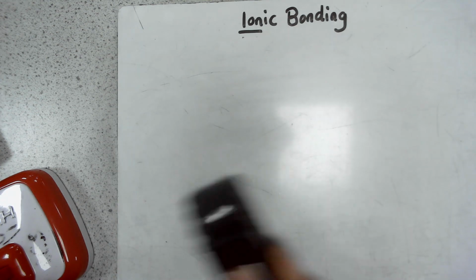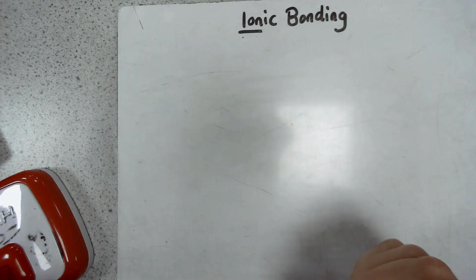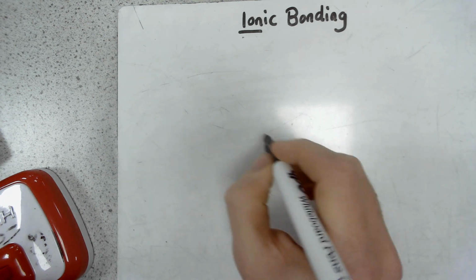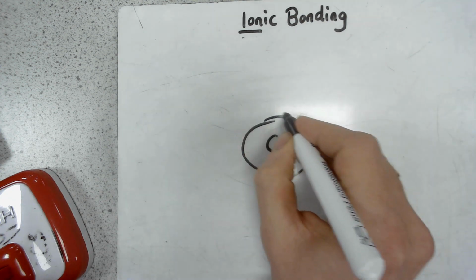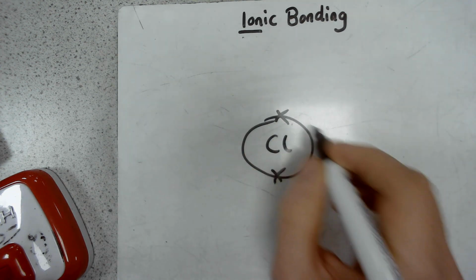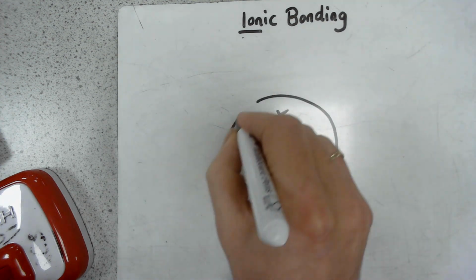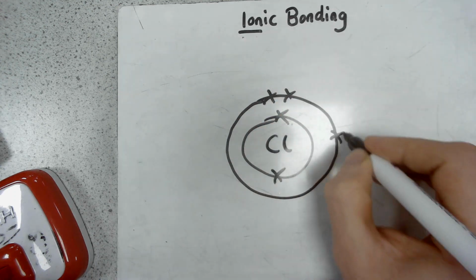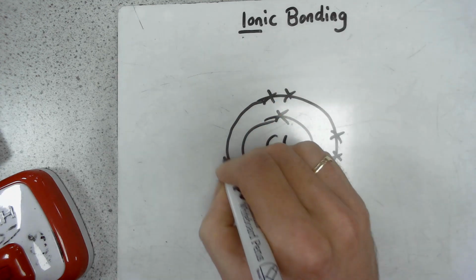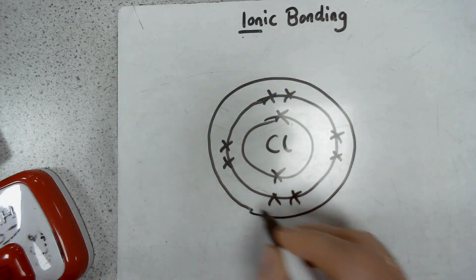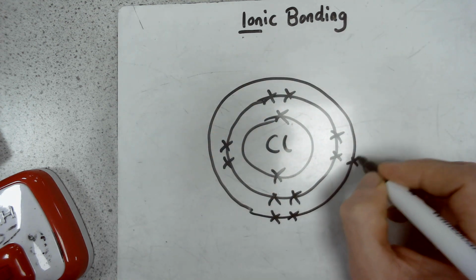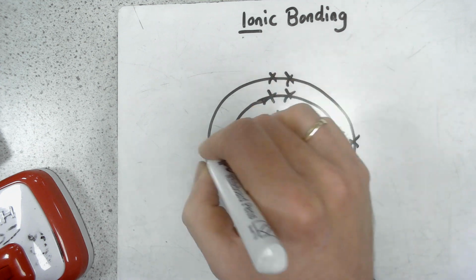So, to do this, we are going to draw chlorine. So, if we were to draw chlorine, again, 2-8-8 rule, 2 there, 1, 2, 3, 4, 5, 6, 7, 8, 1, 2, 3, 4, 5, 6, 7.